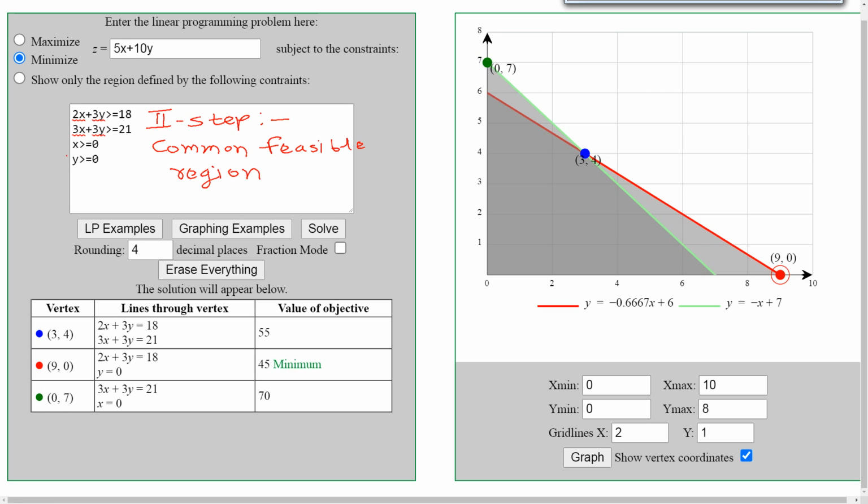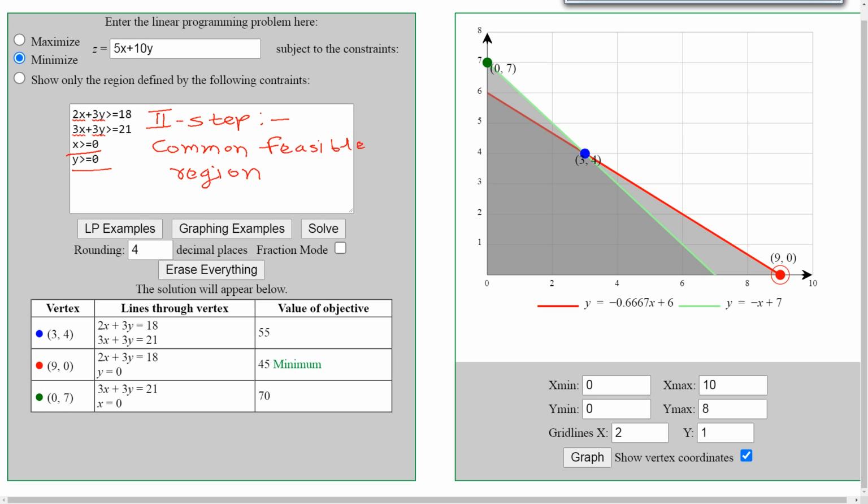Due to non-negativity constraints, our common feasible region will always lie in the first quadrant only. I'll request you to refer to the lecture where we have seen how to determine the feasible region.